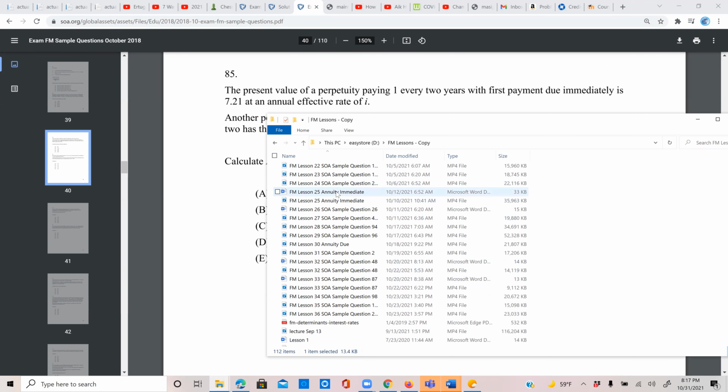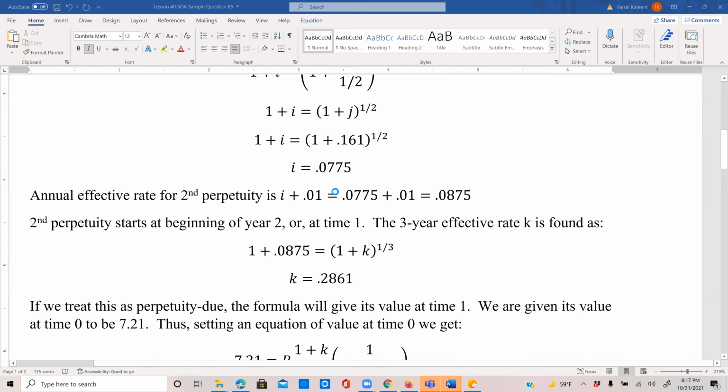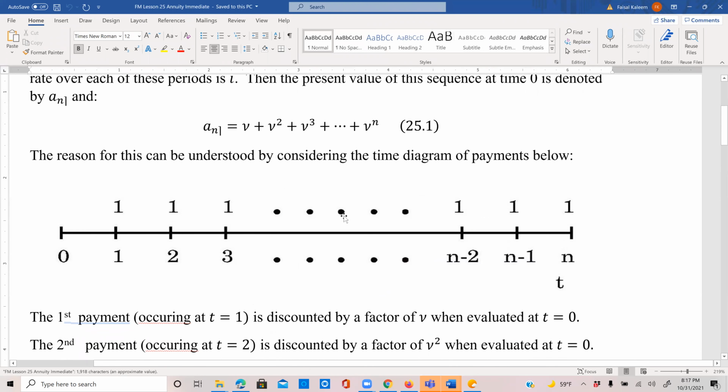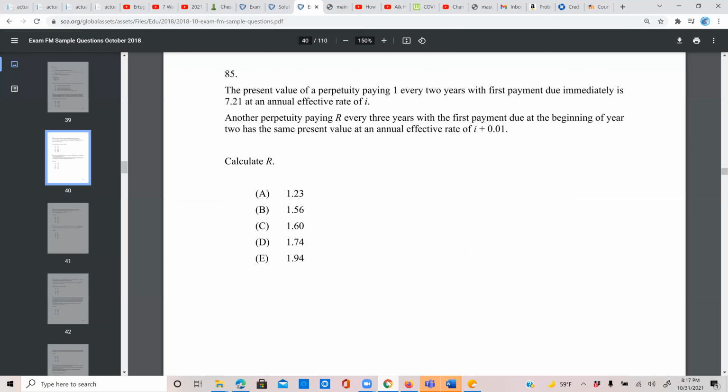So in this time diagram, you see the 0 to 1 is year 1. So the beginning of year 1 is time 0. And year 2 is this one from 1 to 2. The beginning of this year is time 1. So the beginning of year 2 means time 1. So that's when the first payment is happening for the second perpetuity. First payment at the beginning of year 2, which means at time 1.